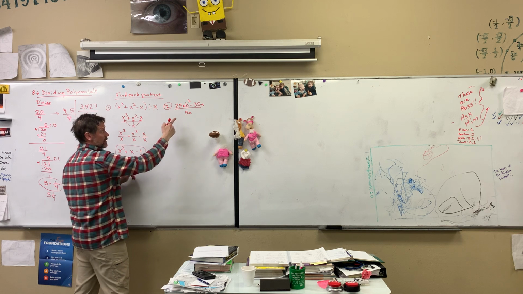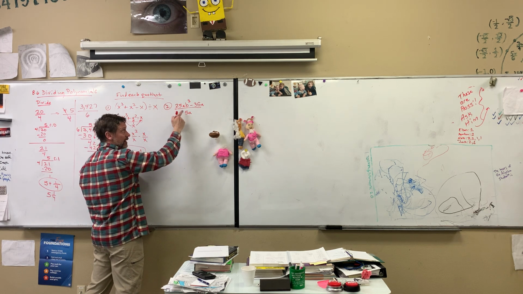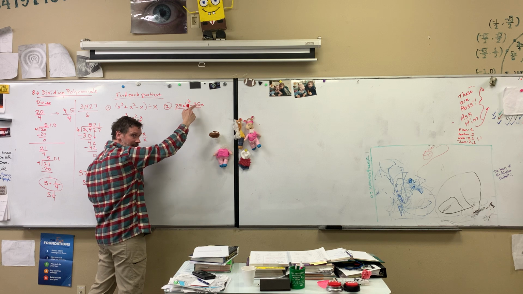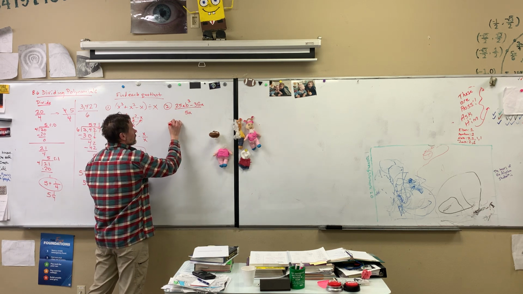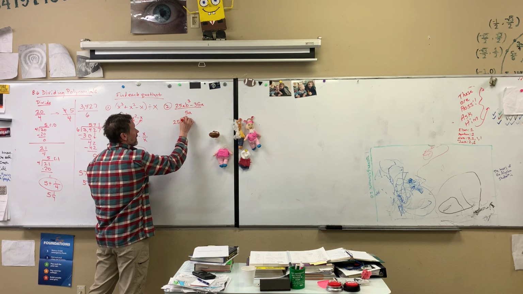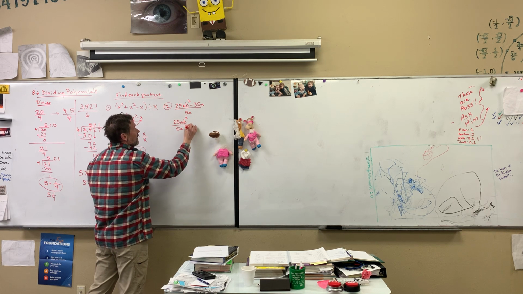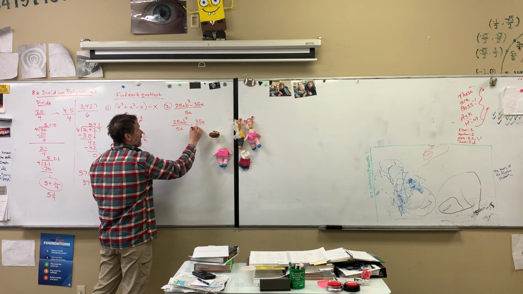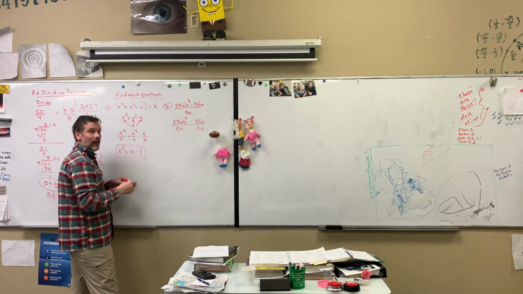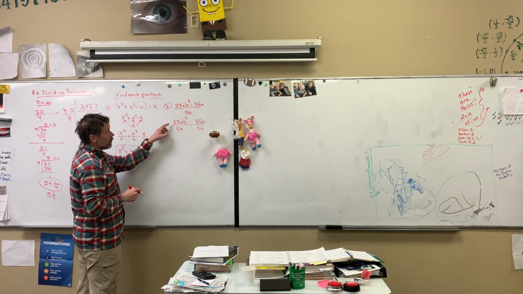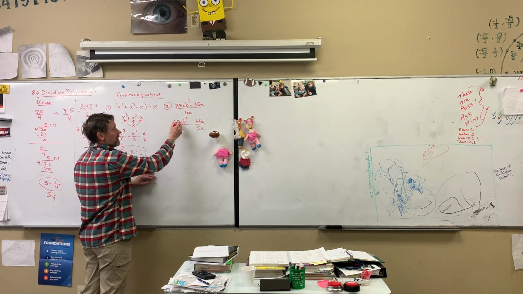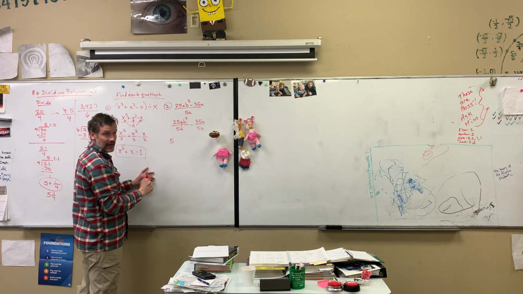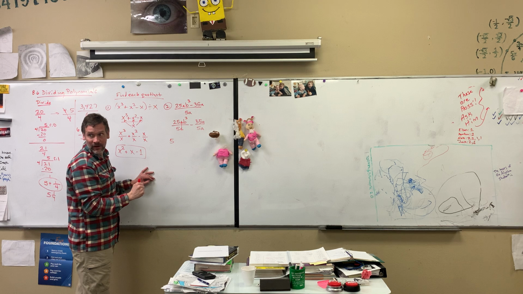If you want to mentally go, 5 goes into 25 5 times, 5 goes into 35 7 times, and then cancel out the a's, that's fine as well. But if you're struggling at all, just rewrite it: 25ab cubed over 5a minus 35a over 5a, and then simplify that way. 25 and 5 is 5. A and A, since it's attached with multiplication, we can cancel that out. A divided by A is not 0, it would just be 1.